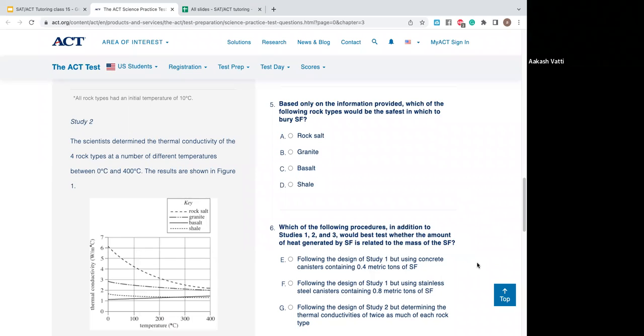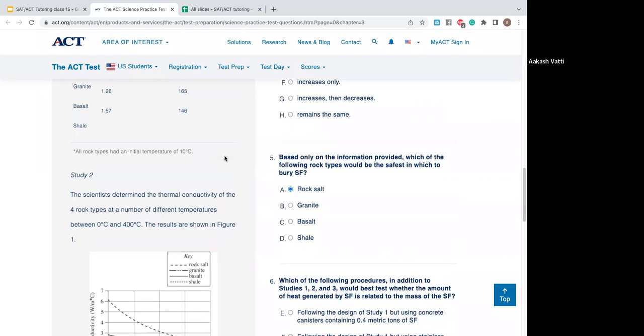If you guys don't know answers, I guess the best way of doing this is literally just looking through the passage and trying to see what you can get from it, and trying to interpret the data. I will do the questions, but at least try if you don't know the answers, even if it is just making an educated guess after taking out 2 of them and guessing one of the 2 that you have left. But in this case, as some people said, the answer is A, rock salt.